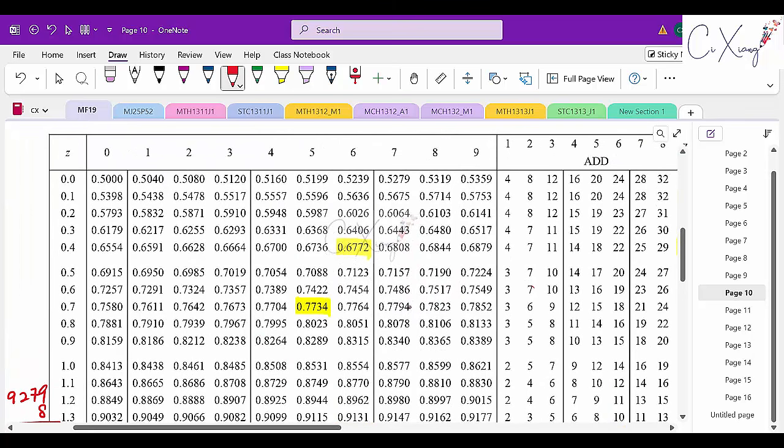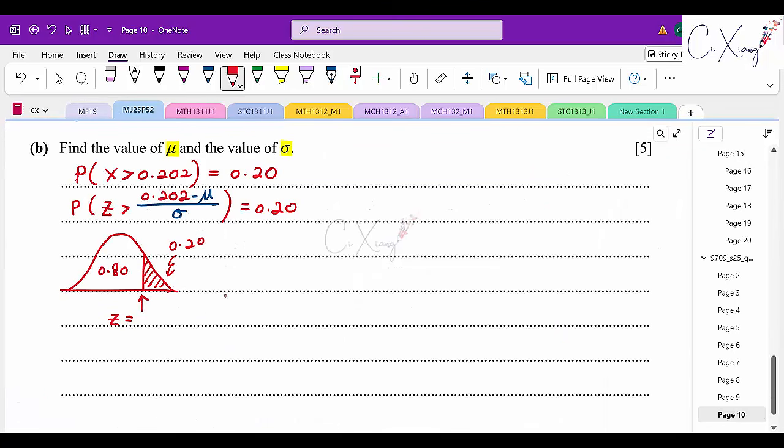Look for a value closest to 0.8 but smaller than it. I'm looking for 0.7995. I need to add a 5 at the last digit so that it becomes 0.8. Read out the value here: it is 0.842, which means your value of z here will be 0.842.